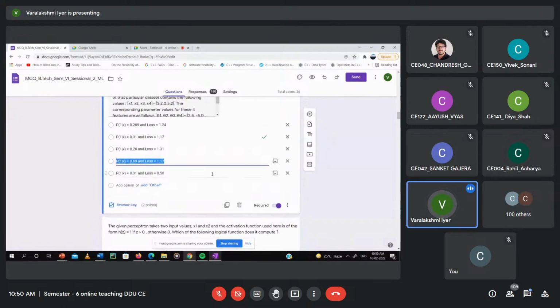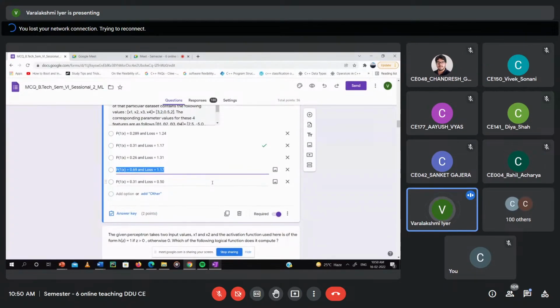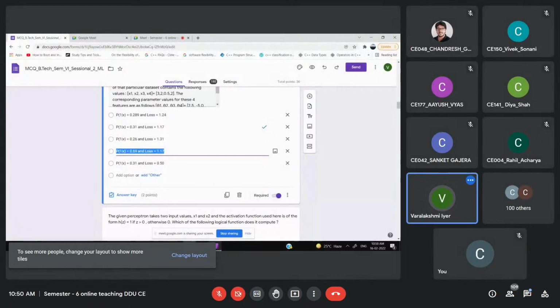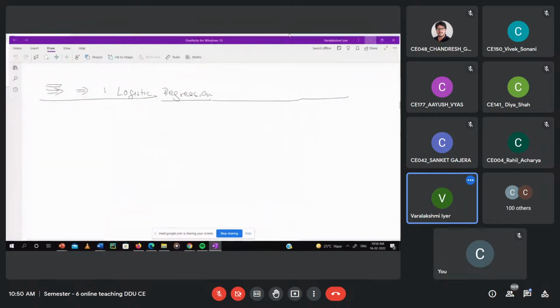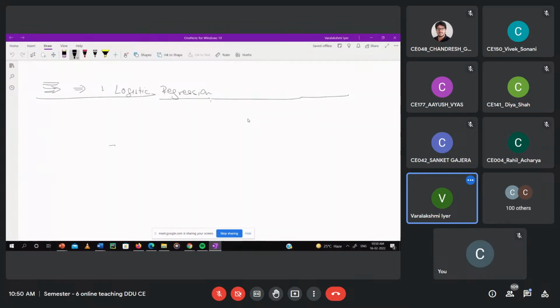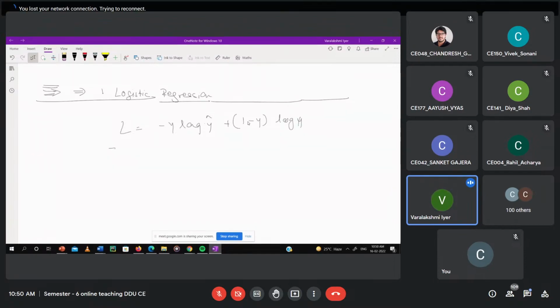So what will be the first step? You will be estimating the value of z, which is theta transpose x. Then you will estimate the hypothesis, which is 1 upon 1 plus e raised to minus z in the case of logistic regression. Then the loss function for binary logistic regression is of the form minus y log of y hat plus 1 minus y into log of 1 minus y hat.